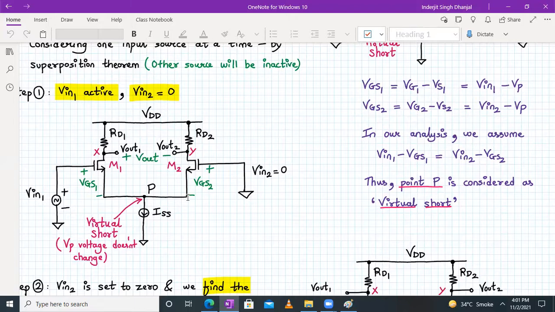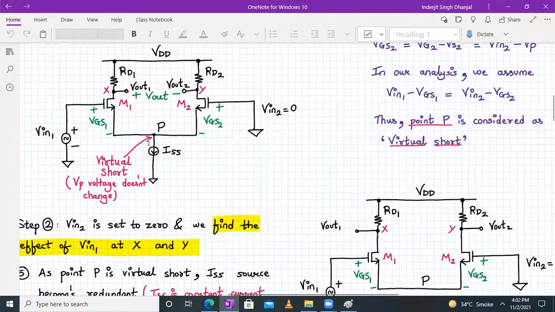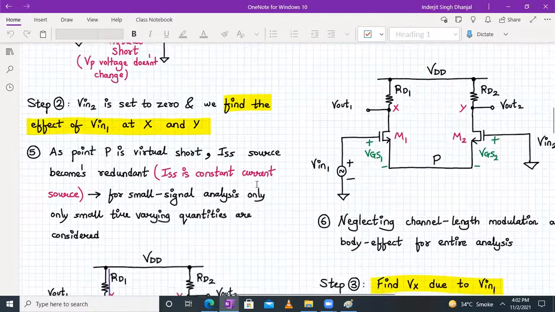So in our analysis, we assume that Vin1 minus VGS1 is equal to Vin2 minus VGS2. Therefore, it is very clear why point P is considered to be a virtual short. Virtual short means its voltage will not change with respect to other voltages.